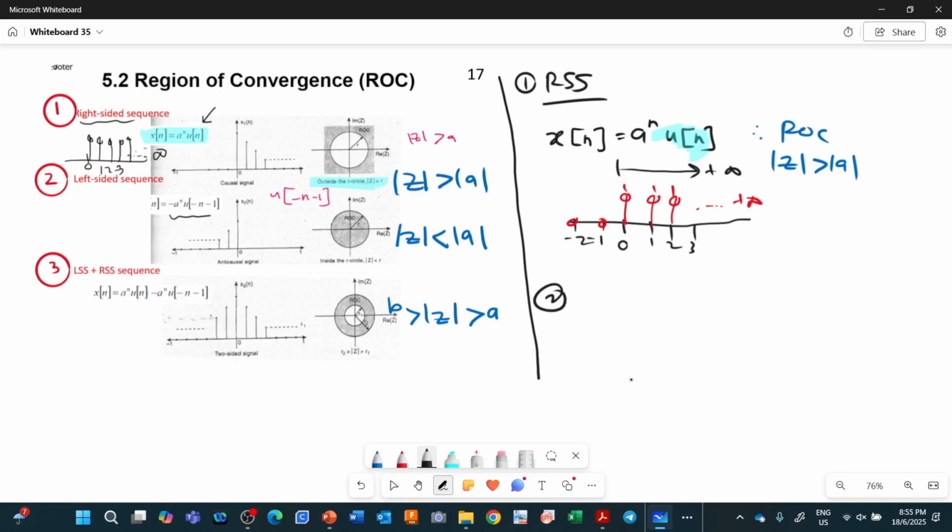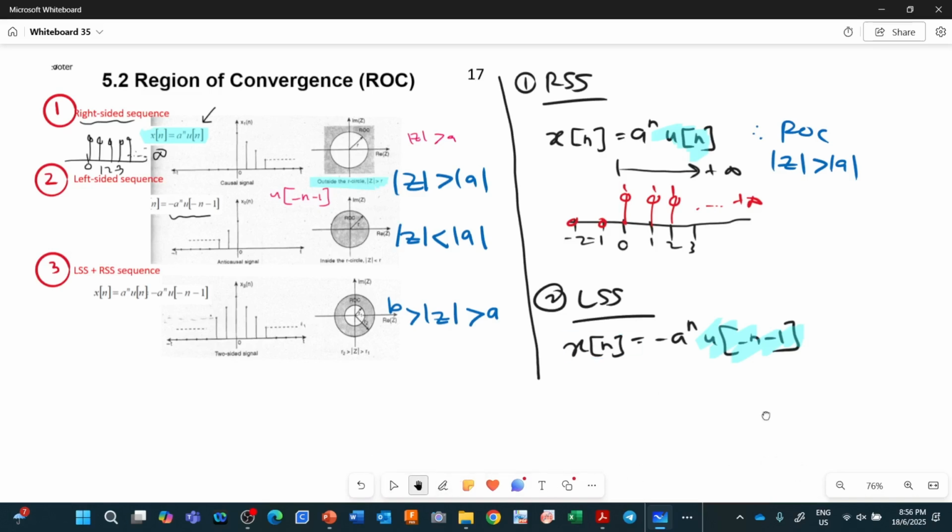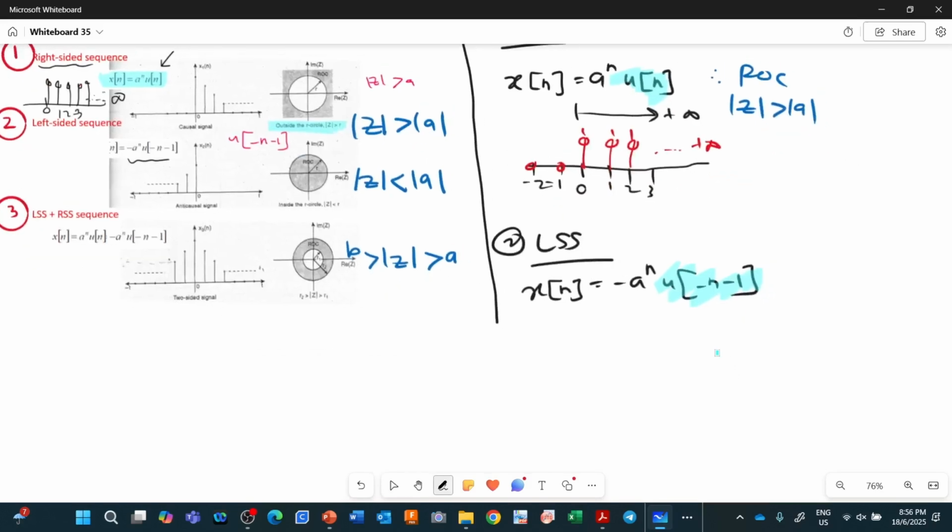a left-sided sequence is given by the equation x[n] equivalent to minus a^n u[-n-1]. Similarly, we are going to look at this part only, the one that I highlight in blue color. How do you draw the signal?